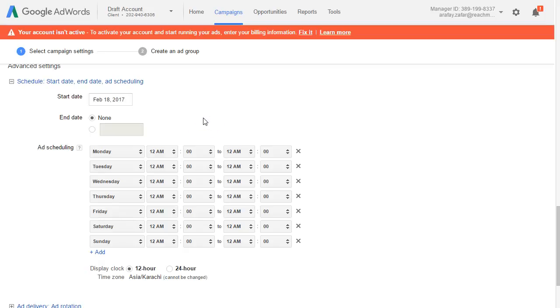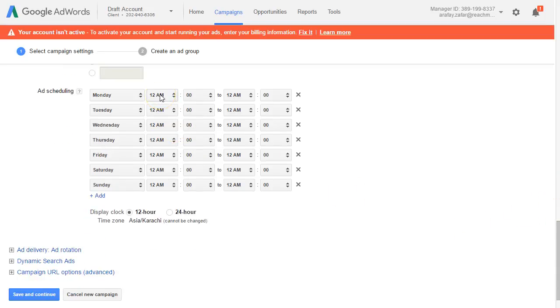They have a call center answering the calls that are generated, and in case they have some callers after the office hours, they can still schedule those patients. If you have that facility and you can take calls after office hours, then you should keep your ads running all day. But otherwise, for most cases, definitely you should only run ads during office hours.